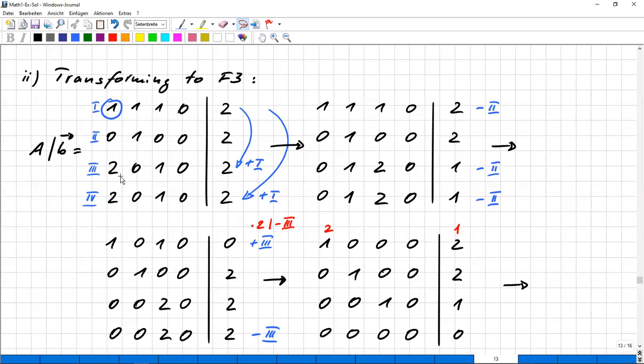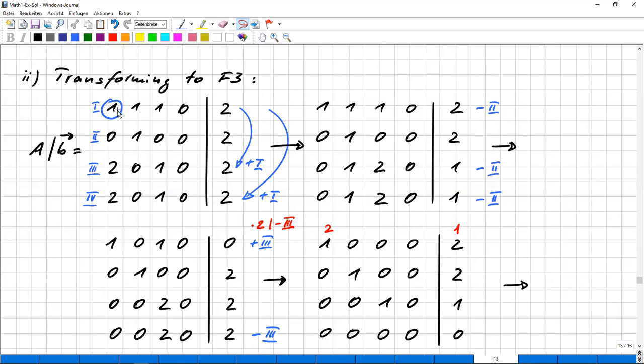But this time we have field algebra, which means we don't even have to take a multiple. We just add the line here because 1 + 2 = 3, but by cyclic replacement, in the end it equals 0. So I get my elimination here.